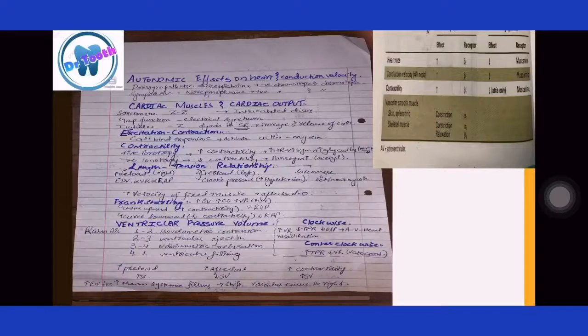In phase 3 to 4 we have isovolumetric relaxation, and in phase 4 to 1 we have ventricular filling. Increases in preload increase stroke volume, increases in afterload decrease stroke volume, and increases in contractility increase stroke volume. These relations can be your MCQs as well.